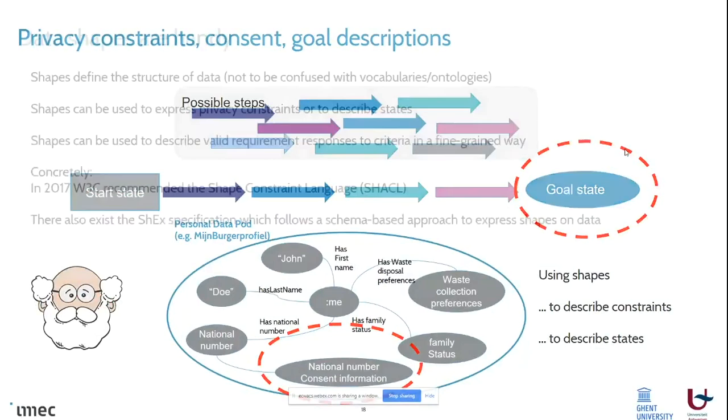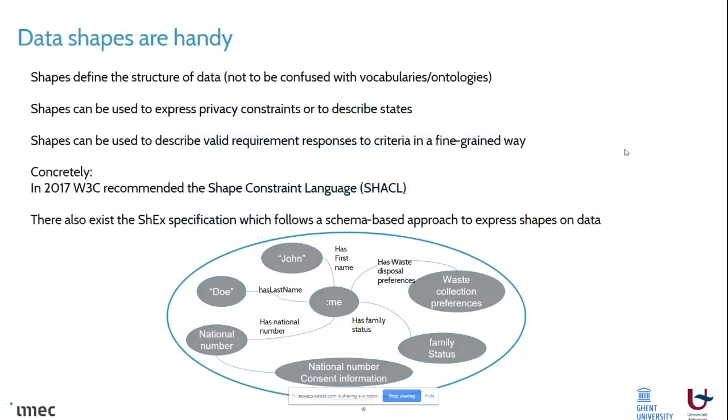And when I say shapes, I'm talking about things which were recently recommended, for example, by W3C, the Shape Constraint Language SHACL or the ShEx specification, which can be used to define the structure of data, not to be confused with ontologies, which talk about the data model. We can use shapes to define certain constraints, to describe what our goal state is and what kind of evidences need to be in there.